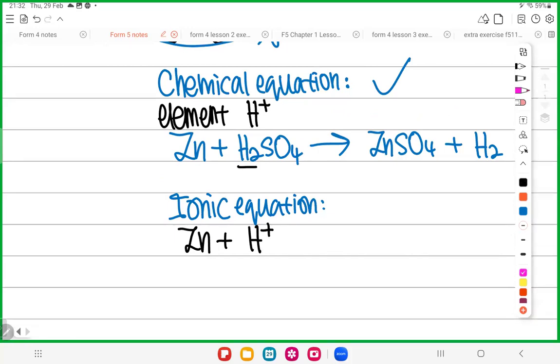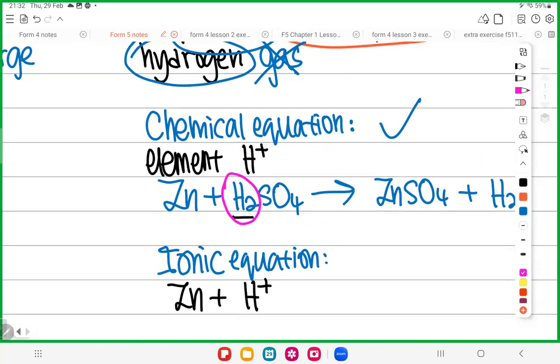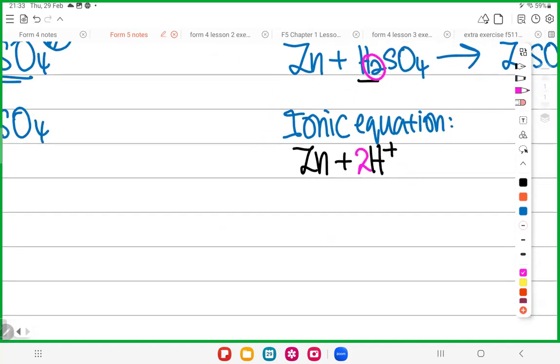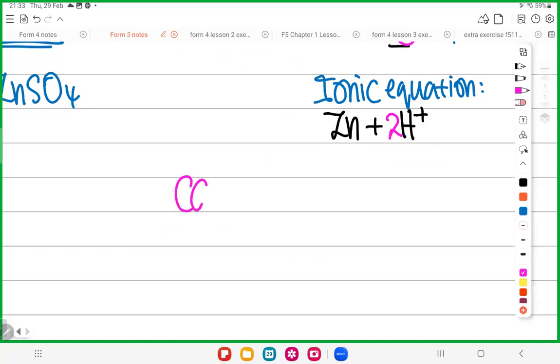How many hydrogen do we have here? 2, am I right? There are 2 hydrogen. So when you have 2 hydrogen, where to put the 2? You cannot put it at the back. You have to put the 2 in front. Understand? Because when you want to tell people you have 2 things, like I got 2 cars, where to put the 2? In front. You don't put the 2 at the back.